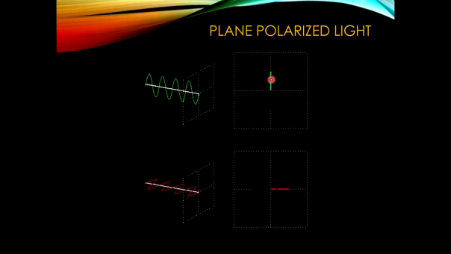So here you can see there is a vertically polarized light where the electric vector is moving only in one direction, so it is a linearly polarized light. Here also you can see the red line, which indicates the vibration of the electric vector, is moving along the horizontal direction, a single direction along a line, hence it is called a plane polarized wave or linearly polarized.